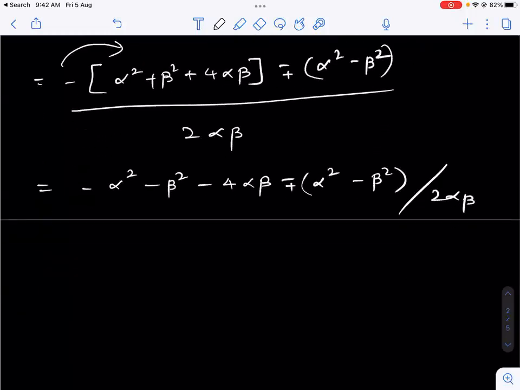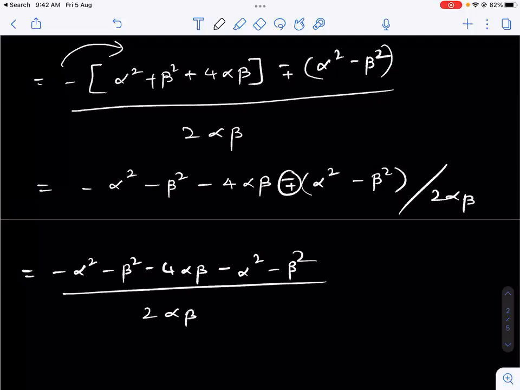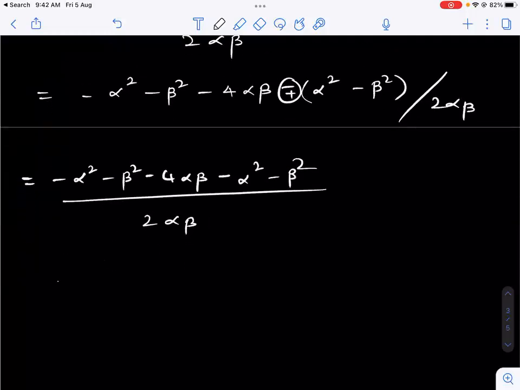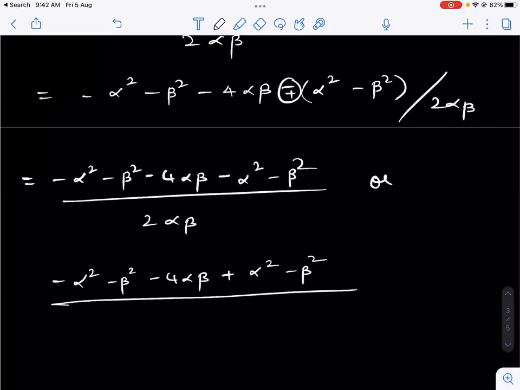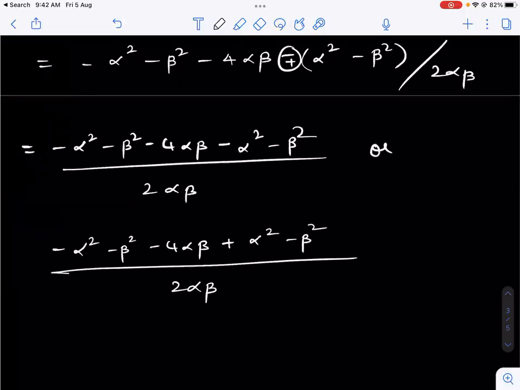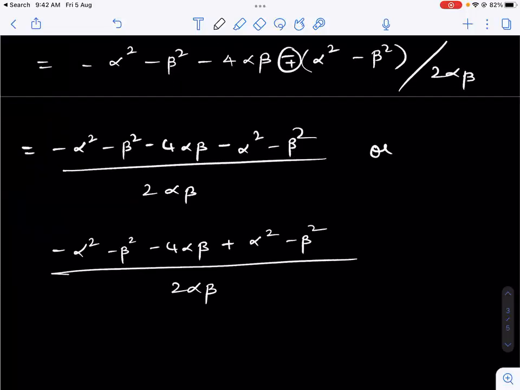Now observe, this minus or plus, I'll split and write as two terms. When I write it as minus, I get minus alpha square minus beta square minus 4 alpha beta minus (alpha square minus beta square) divided by 2 alpha beta. And the other one is alpha square minus beta square minus 4 alpha beta plus (alpha square minus beta square) divided by 2 alpha beta. Is that clear?